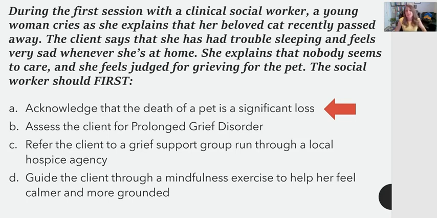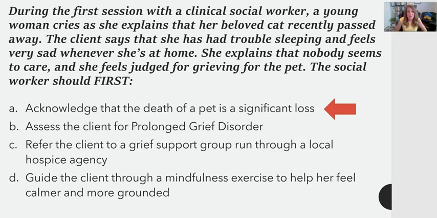Whereas an assessment might happen at a later time, although here it does say recently, and so if it's very recent, that is a normal response and probably not indicative of anything diagnostically in the DSM at this point, but an assessment might happen after you've acknowledged. And similarly, maybe there are times that a referral to a grief support group might work.